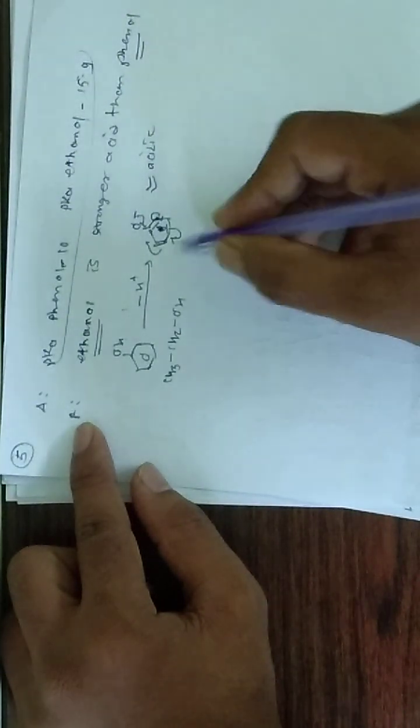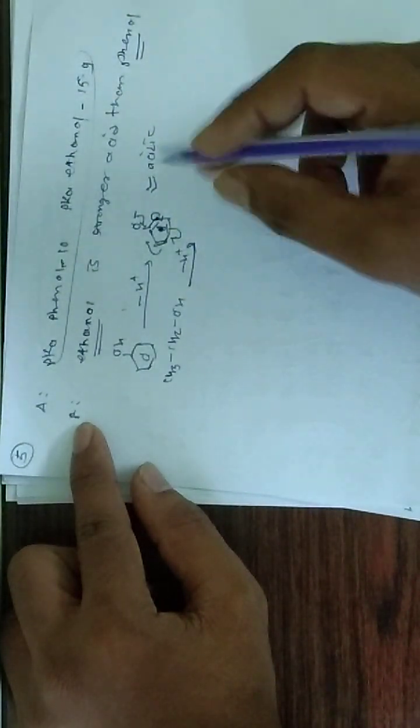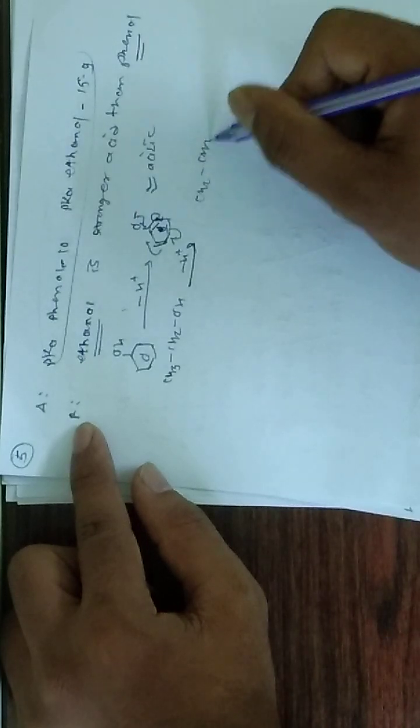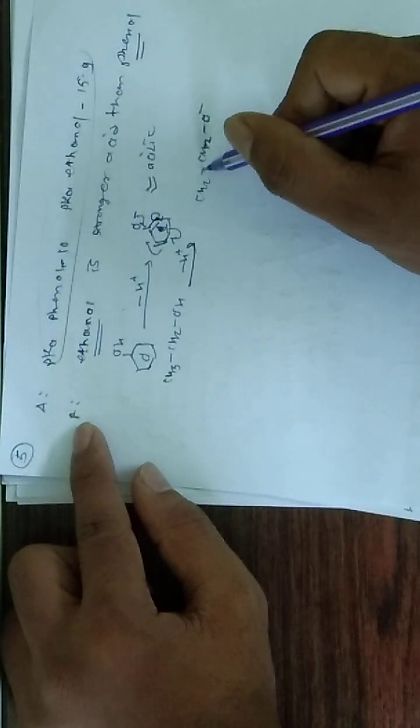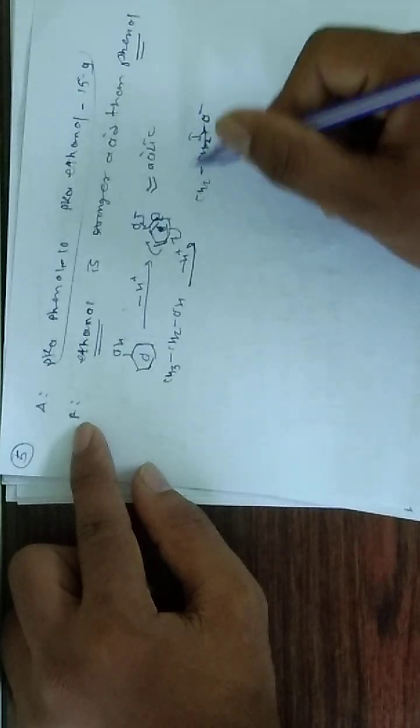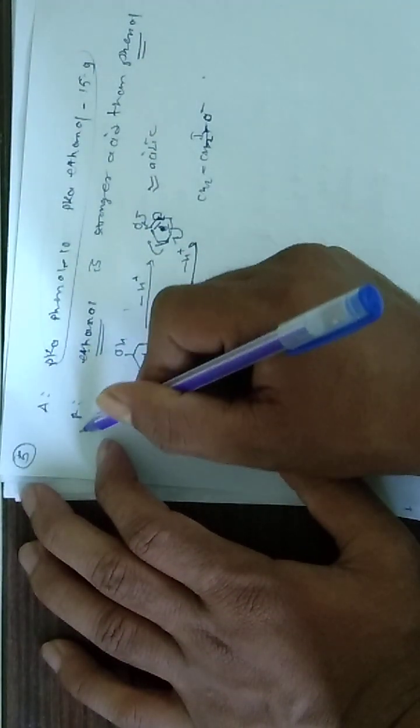But if you remove H plus from ethanol, CH3CH2O minus has no resonance, and it is destabilized by the plus I effect of that group. So it is much less acidic than phenol. According to this, we can say the reason is wrong.